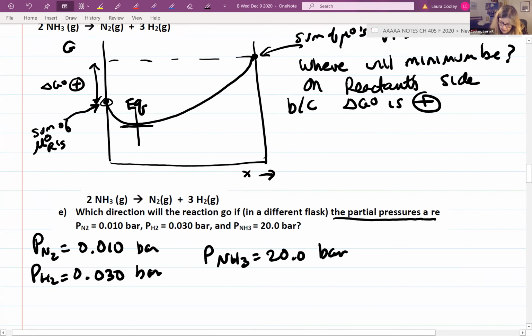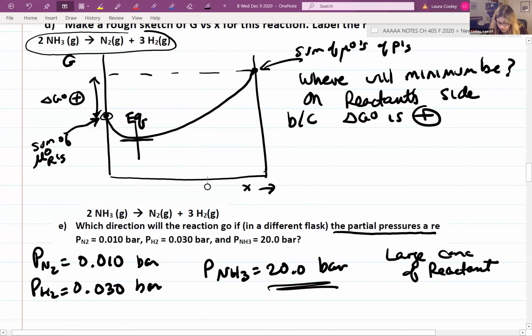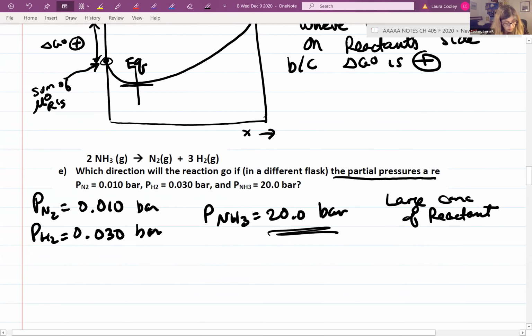So let's just look at this. Here's the reaction up here. This is a very large concentration of the reactants, right? This is 20 bar and it hasn't gone forward very much. So where are we?